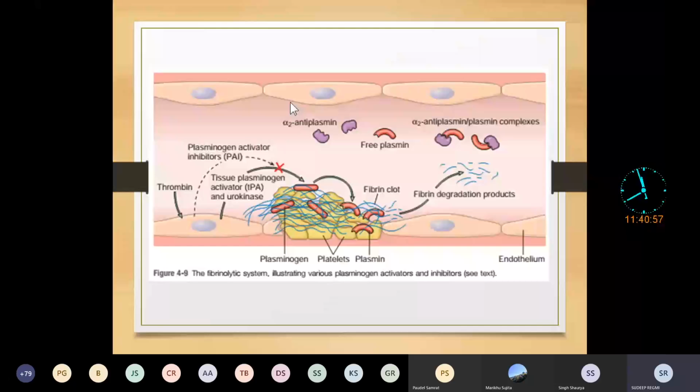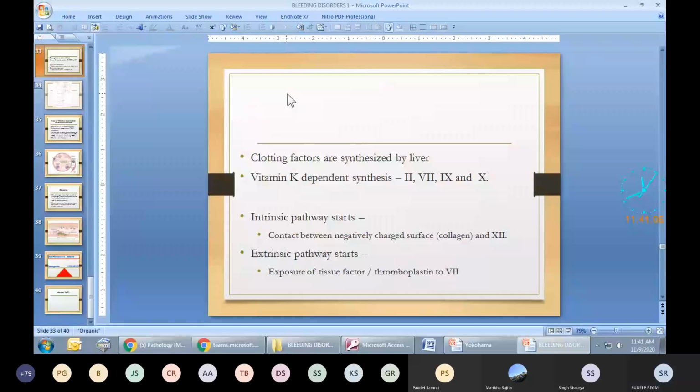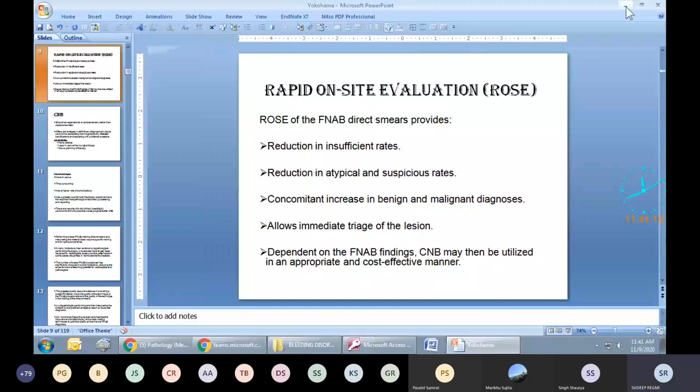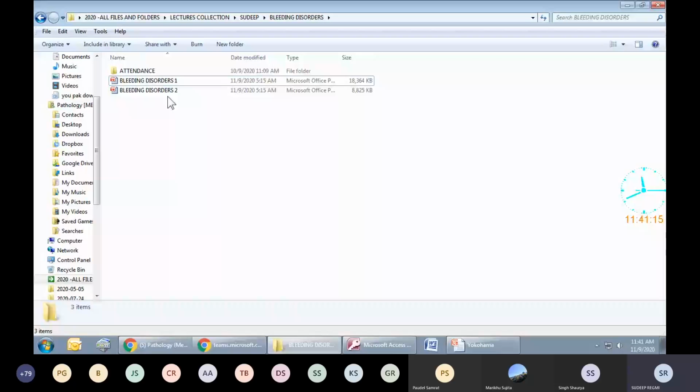Okay, this we were supposed to finish yesterday. Now we'll start today's topic. So any problem with normal hemostasis? Anyone?